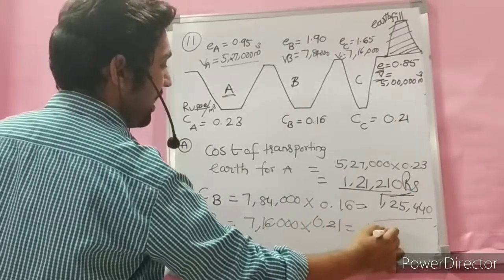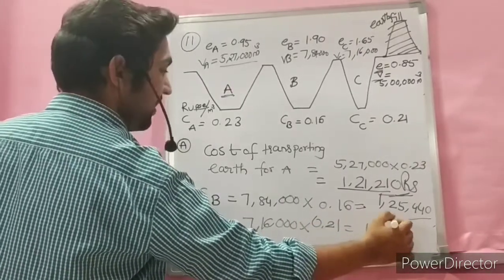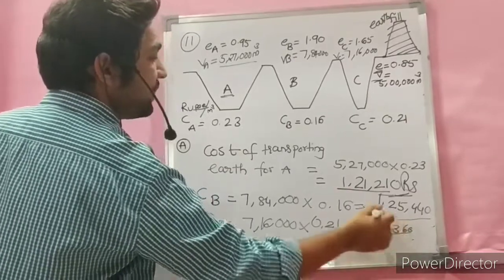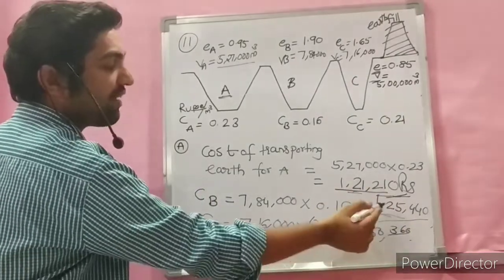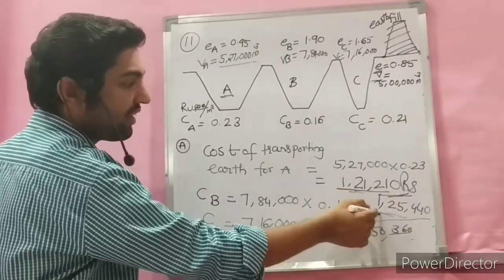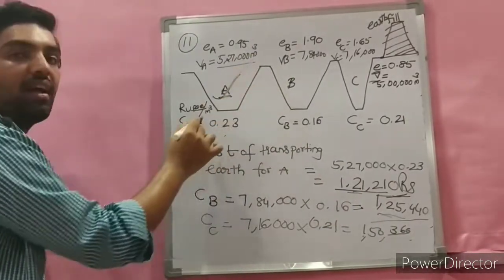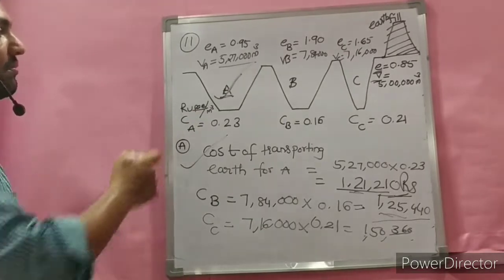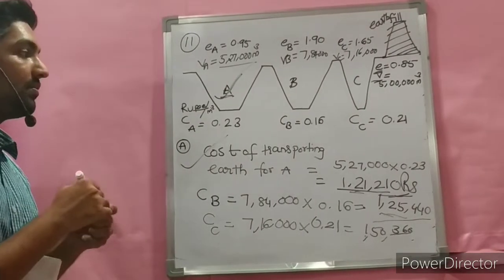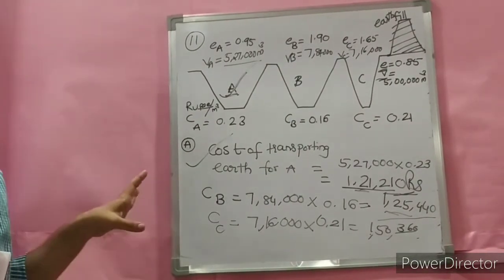The answer comes to be 1,50,000 something, 360. So whichever is most economical? 1,50,000, 1,25,000, 1,20,000. Automatically A is more economical. So this is the solution for question number 11.